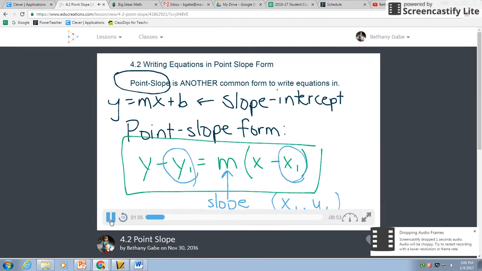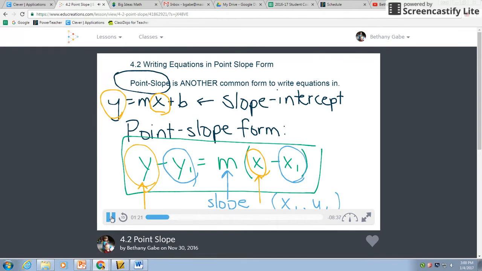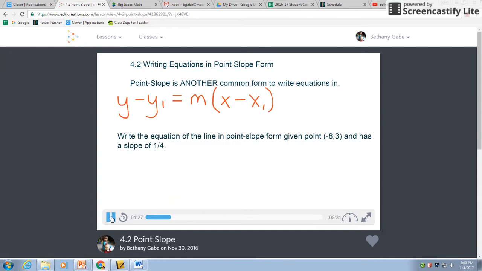So a lot of things will work for the x1 and the y1. Now, what doesn't change is this y and this x. Just like in y equals mx plus b, we still had an x and we still had a y. So this y and this x will remain there. And all of this, the y1, the m, and the x1, will all be numbers that you will fill in.